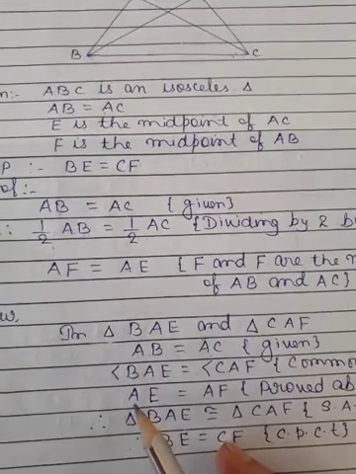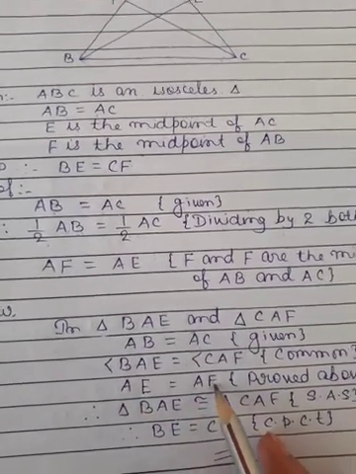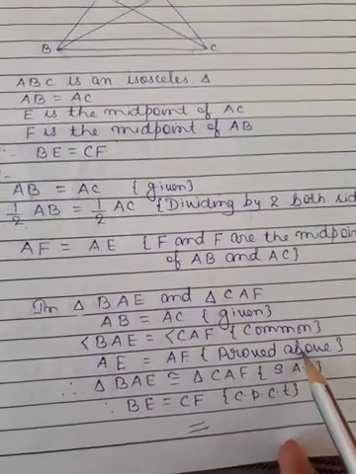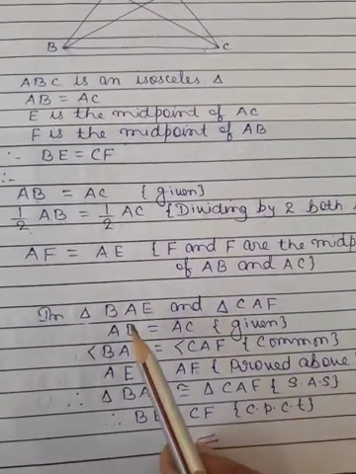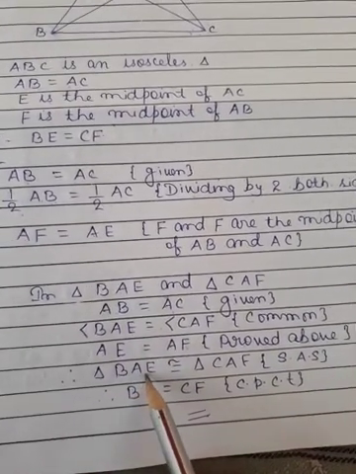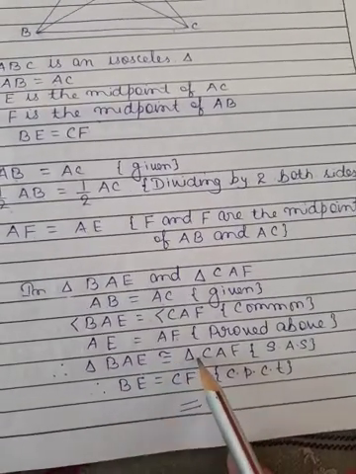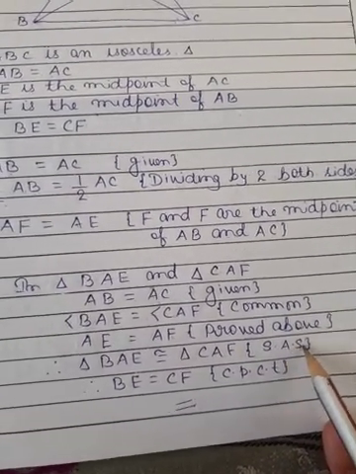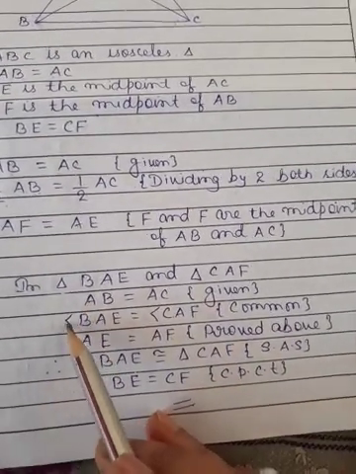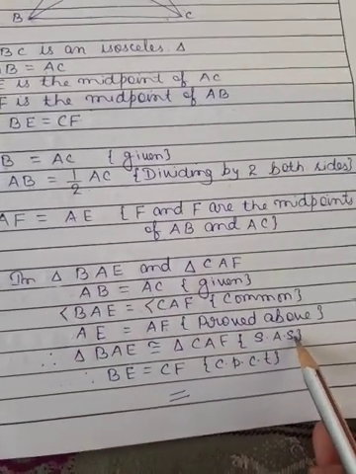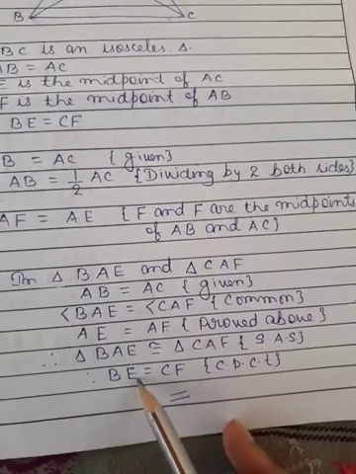And the last one, AE equal to AF. Why? Because we proved AE equal to AF above. So three things we got equal. Therefore triangle BAE congruent triangle CAF, and the reason will be side angle side. Why? Because this is side, this is angle, and this is side. So side angle side.